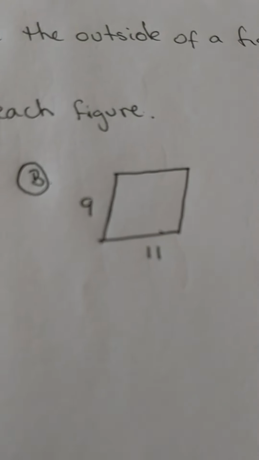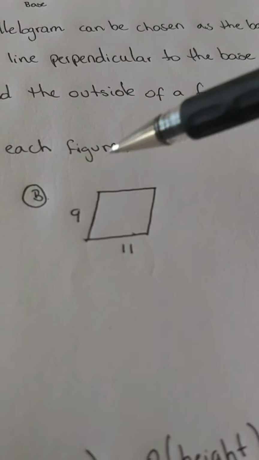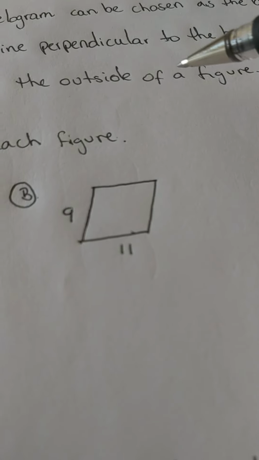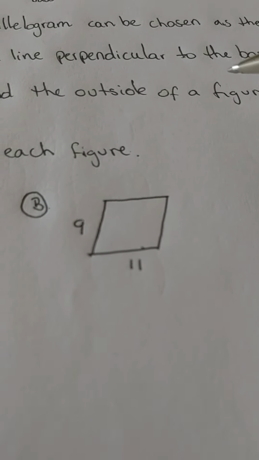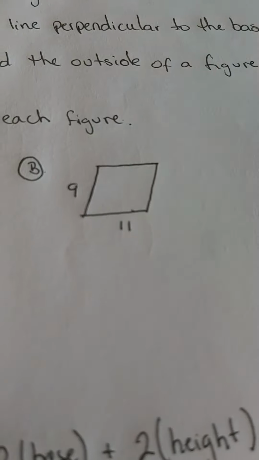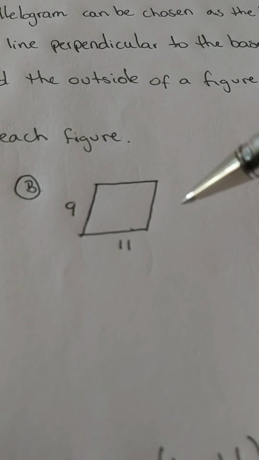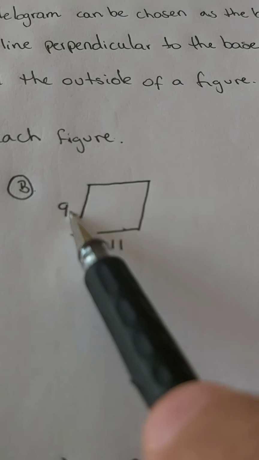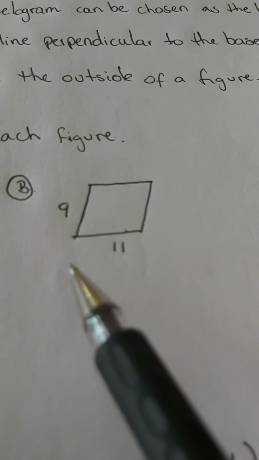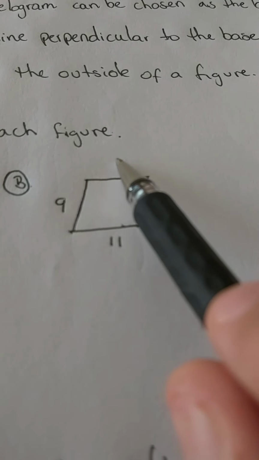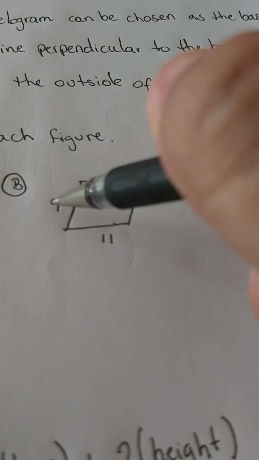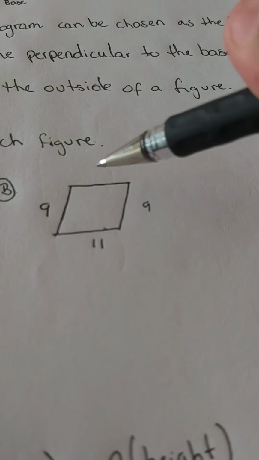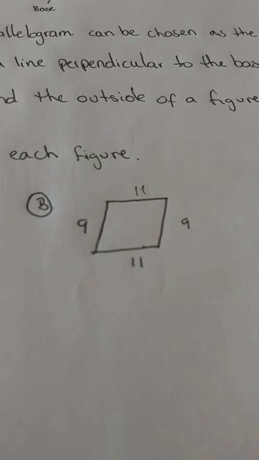Part B, we have a parallelogram. This is not a rectangle. Notice that we don't have any right angles. So we're going to do this example by adding all four sides of the parallelogram. Again, this side is congruent to this one. So that means if this measures 9, this is also going to measure 9. If this measures 11, this will measure 11.